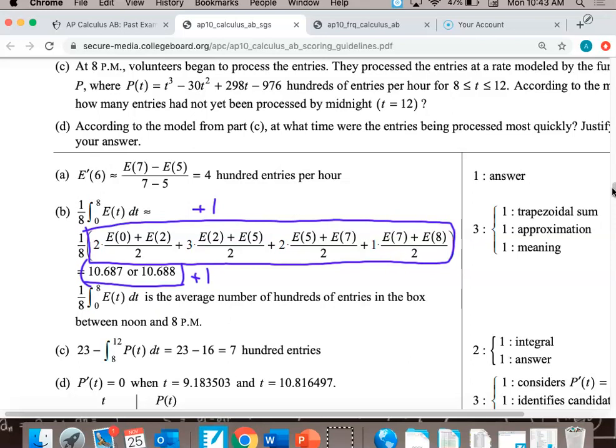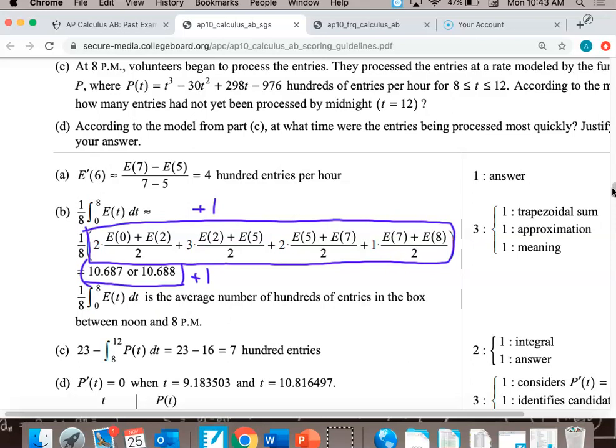What is that height? Technically, it's the average height over the interval, or the average value of whatever function you've got in there over that interval. So what they're really saying is the average number of entries in the box is this in hundreds, right? So roughly 1,068.7, 1,068.8 entries, that's the average number of entries in the box from time 0 to time 8.